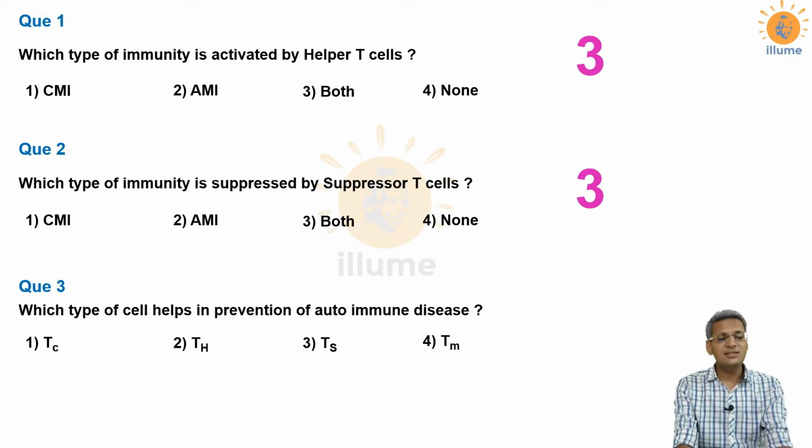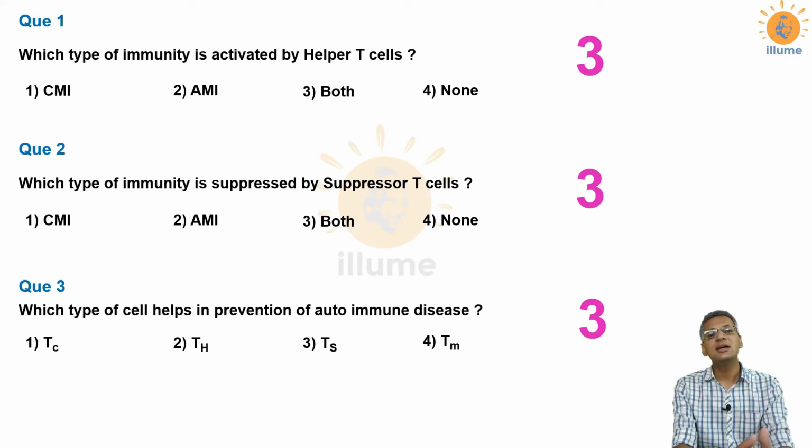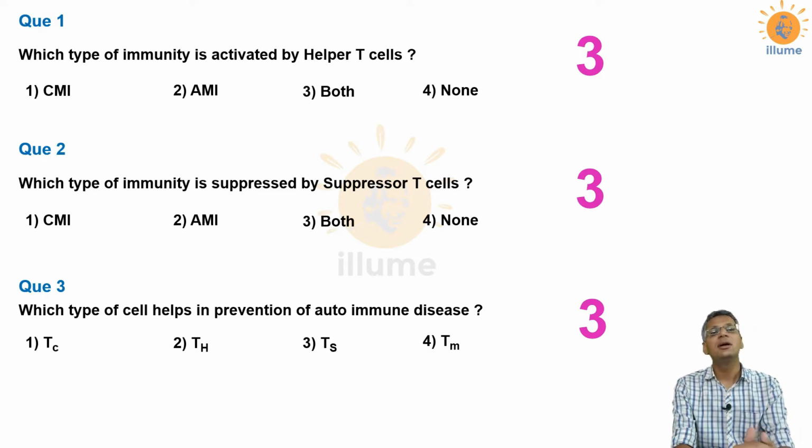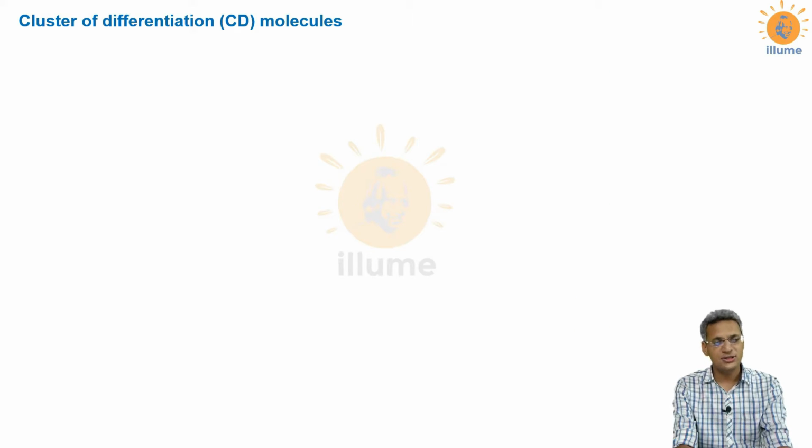So which type of cells can prevent this? The answer would be T suppressor cells, because they help in the suppression of the immune system, and that is necessary. See, if the infection has already been controlled, and if your body would be continually producing antibodies or other immune products, then that may affect your own body cells, producing autoimmune disorders.